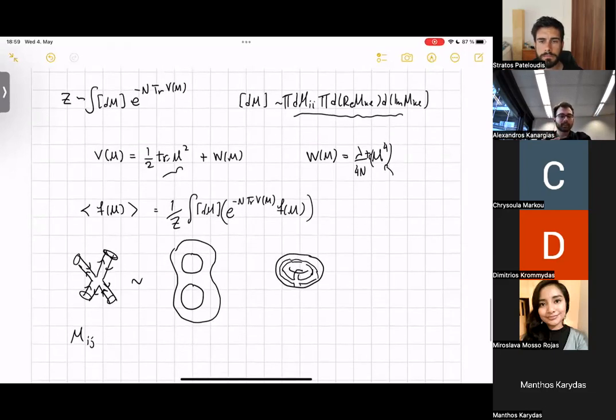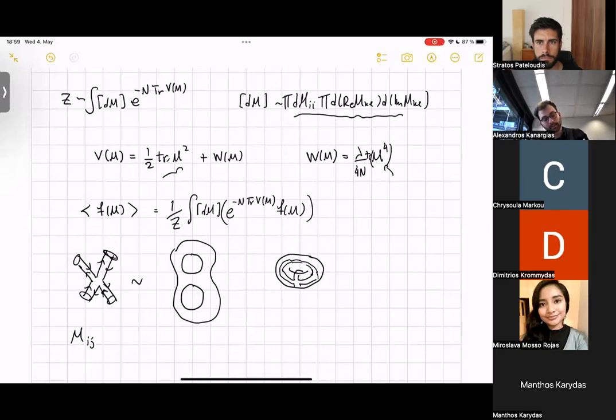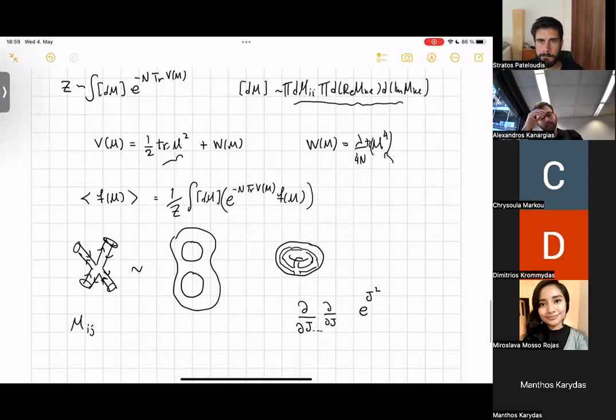And pairing indices, what do I mean? When you calculate this thing, remember like in QFT, where you had this generating function e to the J squared, and then you differentiate with respect to J, and you produce the correlation functions, for example, in the free theory. Here you have a similar thing, but now all of these J's have indices.